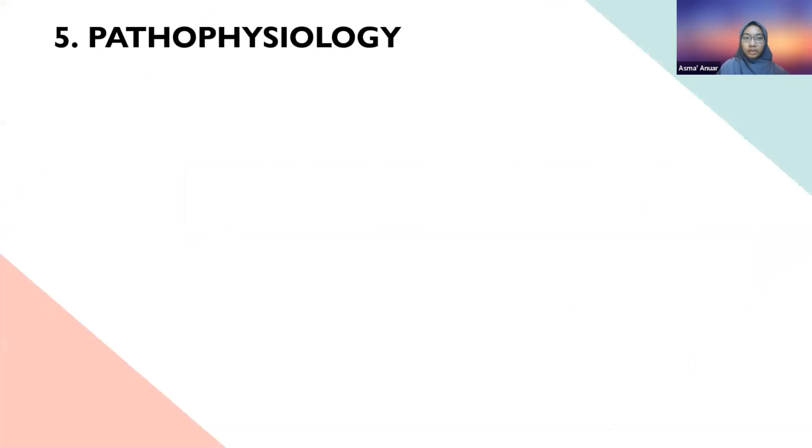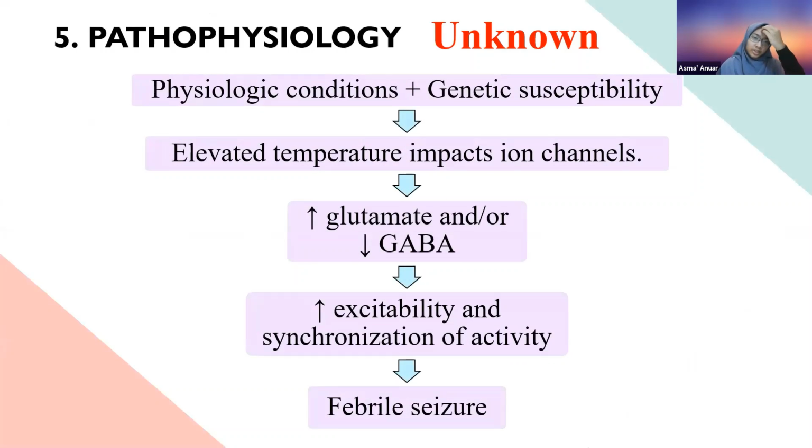So for the pathophysiology of febrile seizure, the exact reason why febrile seizure occurs is still unknown until now, but there are some possible explanations. Firstly, in the majority of children with febrile seizure, the seizure usually starts when the body temperature starts to rise rapidly.